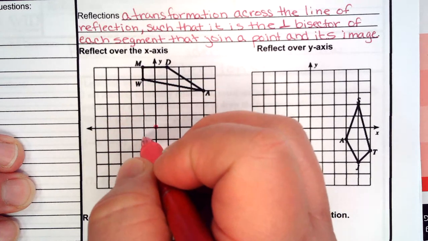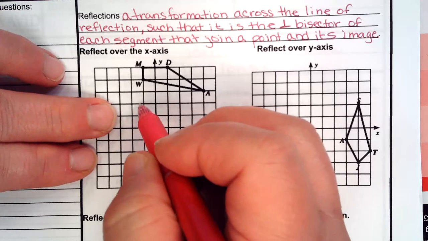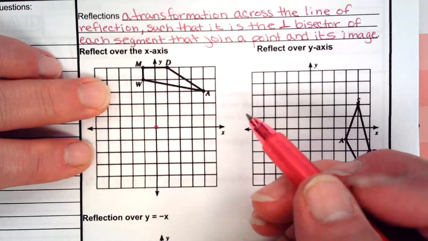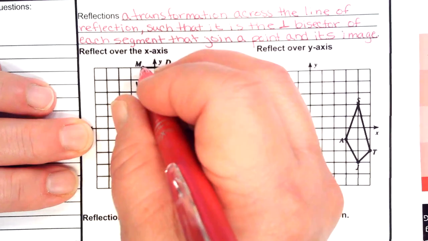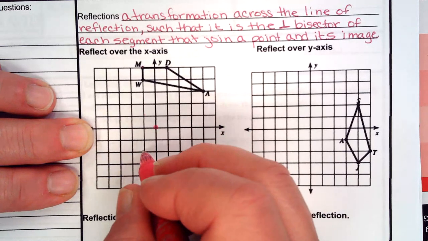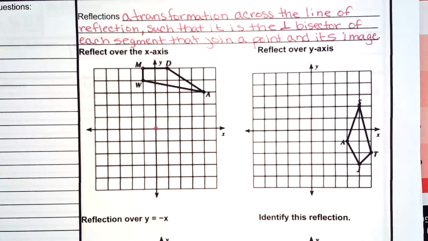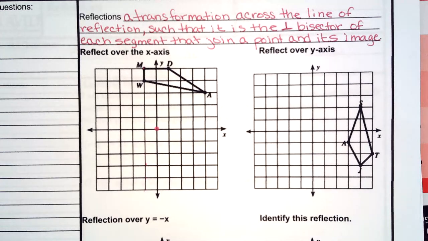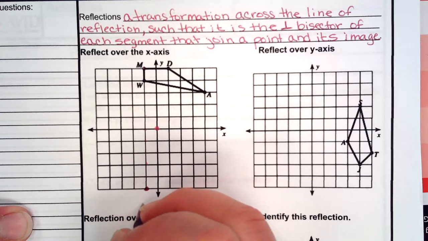I've got to go down. 1, 2, 3, 4, 5. Actually, it's only 5. 1, 2, 3, 4, 5. So, here is our M prime.